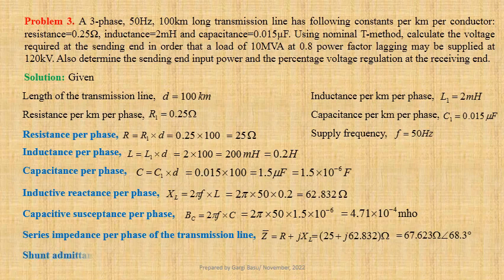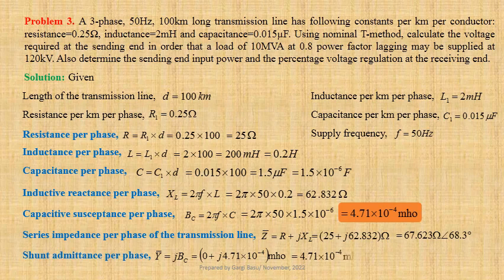And shunt admittance per phase Y equals to J times BC, that is equal to 0 plus J times 4.71 into 10 to the power minus 4 mho. This may be written in polar form as 4.71 into 10 to the power minus 4 mho at an angle 90 degree.